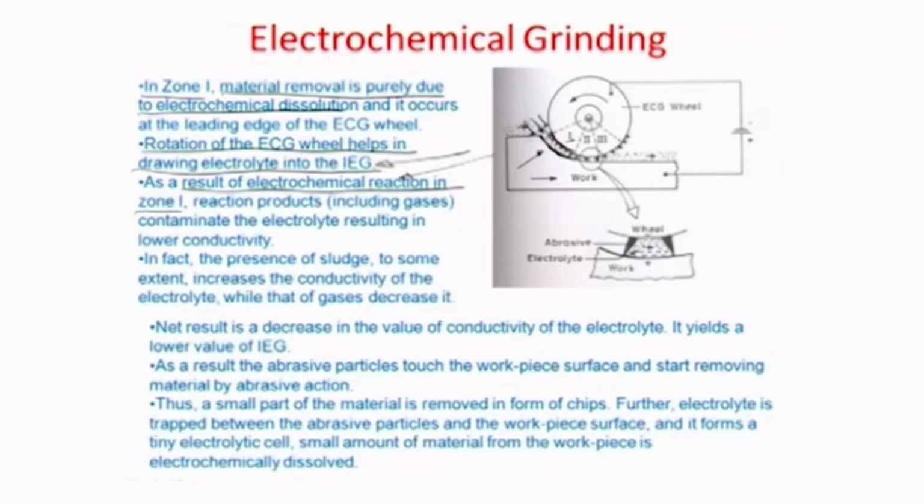the products coming out of this zone start contaminating the electrolyte. So in zones 2 and 3, the available conductivity of the electrolyte is decreased because of byproducts like debris and hydrogen gas packed in zone 1 from electrochemical dissolution.